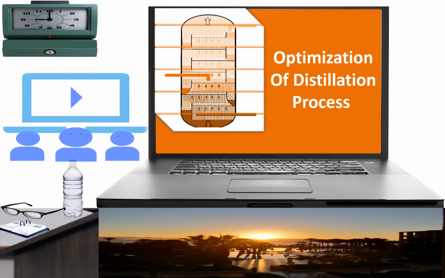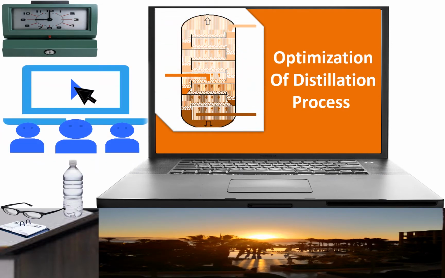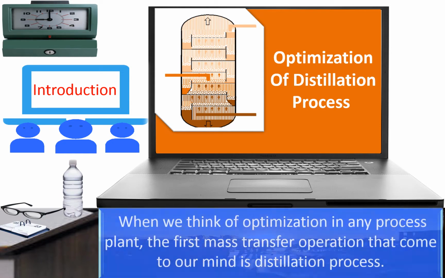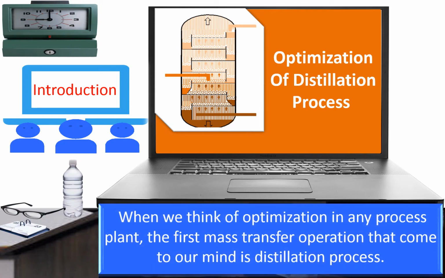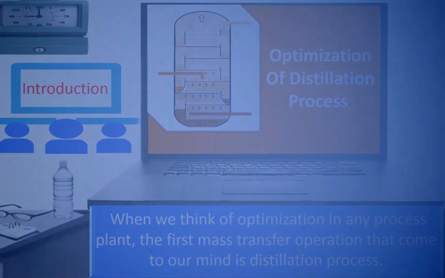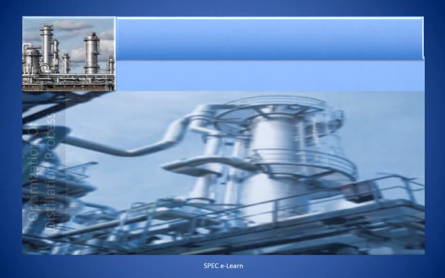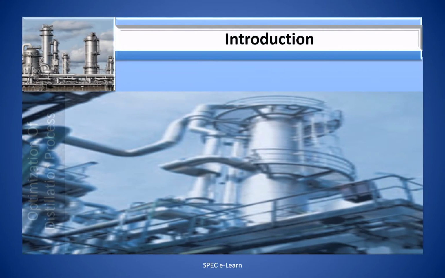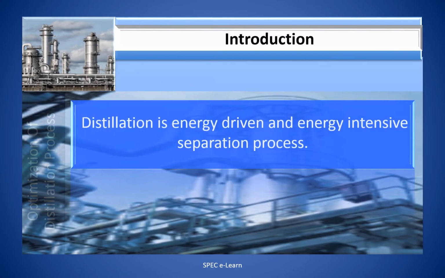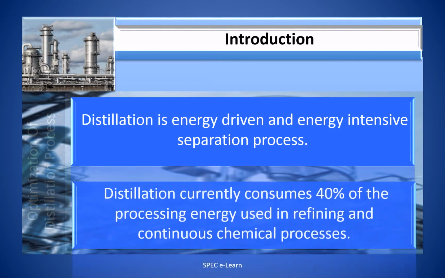When we think of optimization in any process plant, the first mass transfer operation that comes to our mind is the distillation process. Distillation is an energy driven and energy intensive separation process.